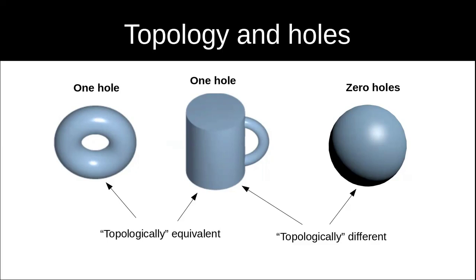If the sphere is, for example, filled with air, then you cannot easily transform a sphere into a torus or a donut without actually breaking your surface. In this way, we say that the donut is topologically equivalent to the cup, but they are topologically inequivalent to the sphere.